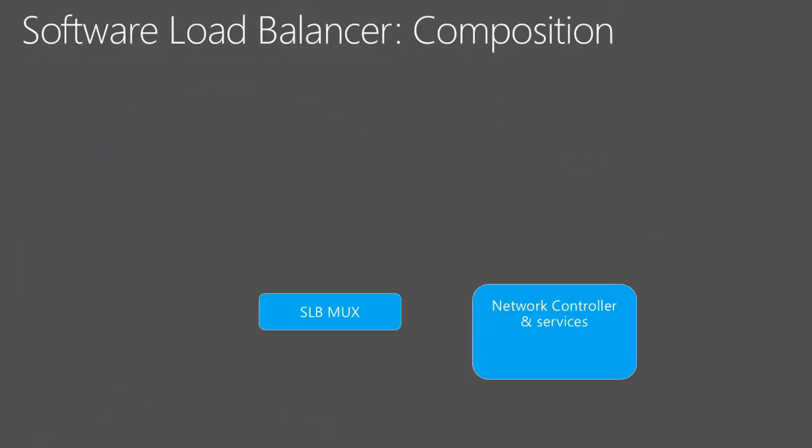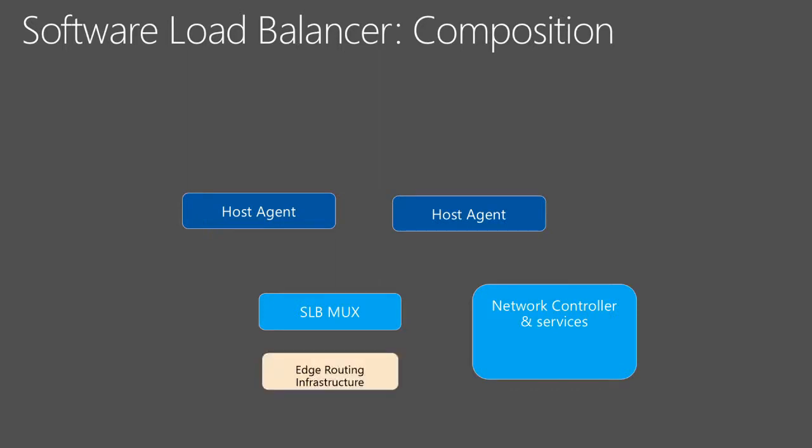All right, so the load balancer is made up of the MUX and the network controller, the two starting points that you need. You program against the network controller, and that then configures the MUX. It also talks to the host agent and programs the host agents to know how to remove the encapsulation when the traffic arrives at the VMs.